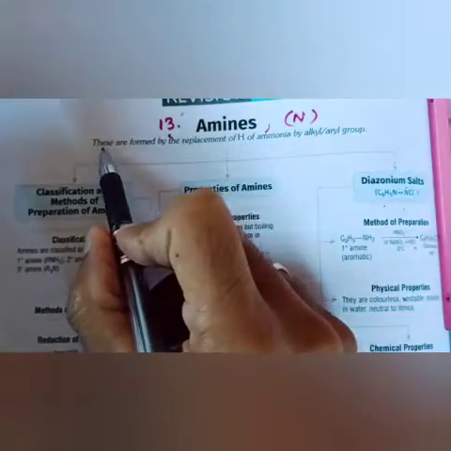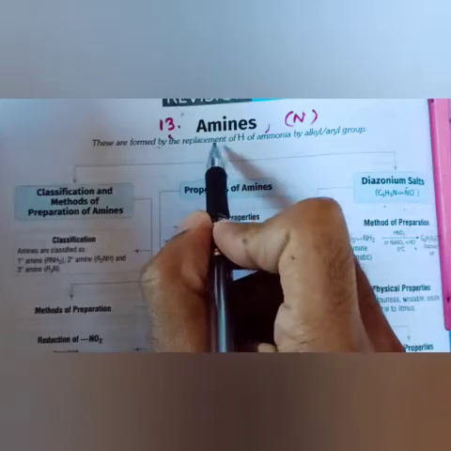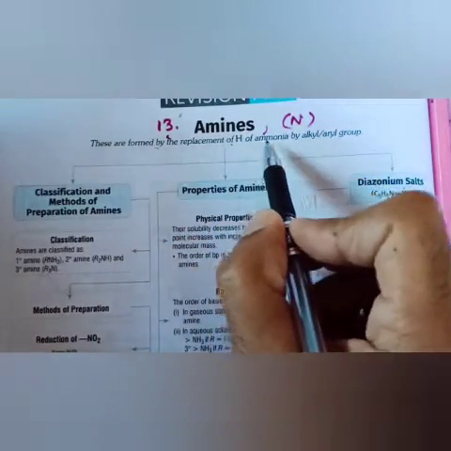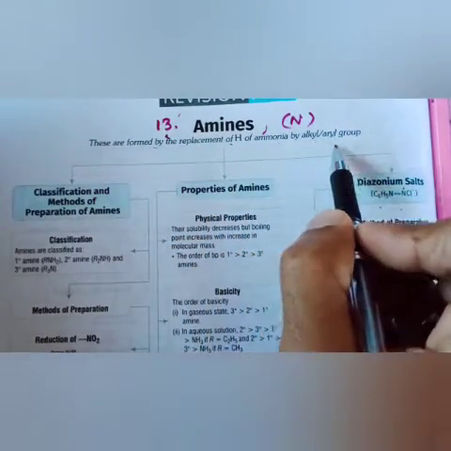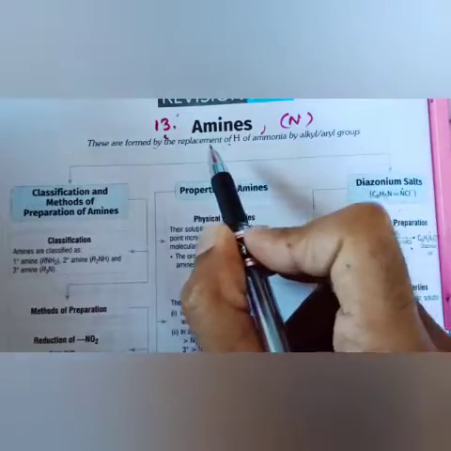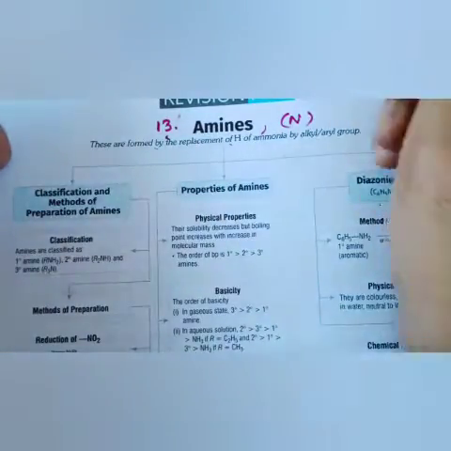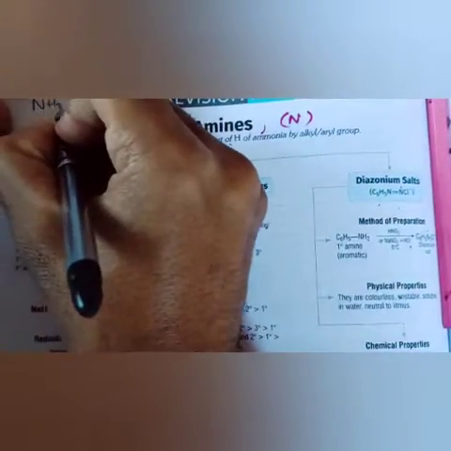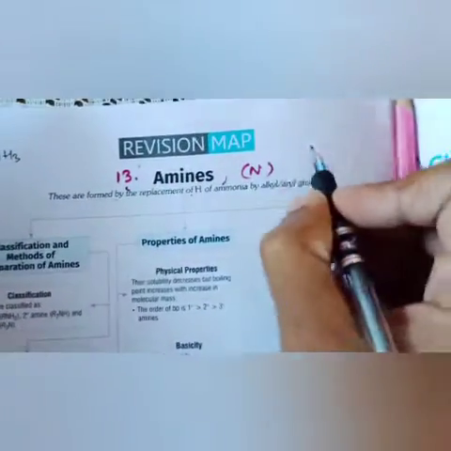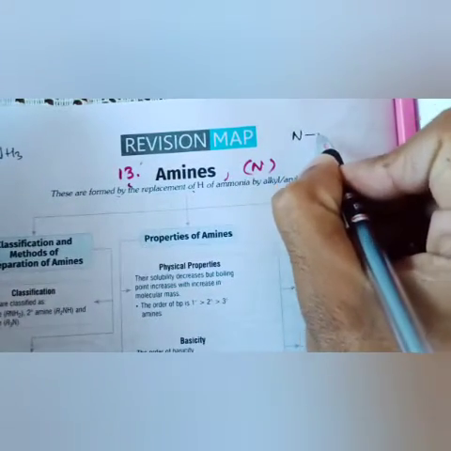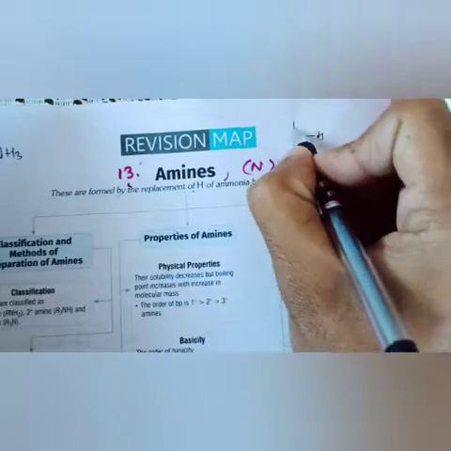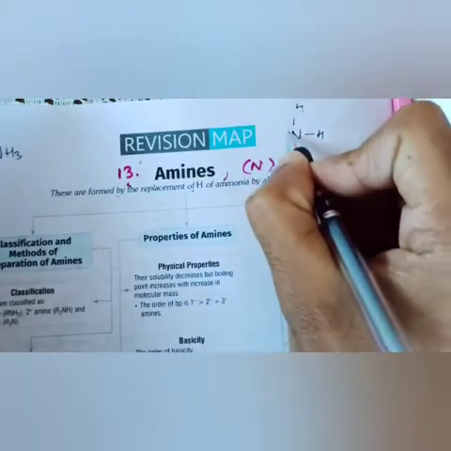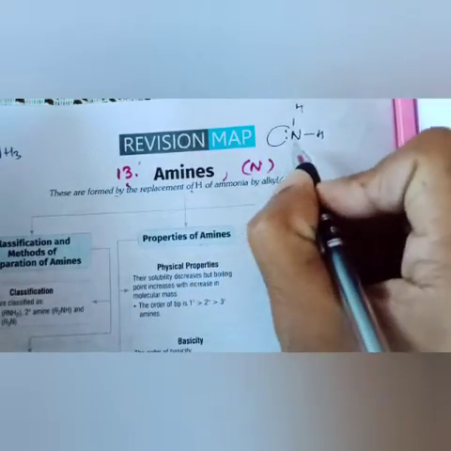Amines are formed by the replacement of one hydrogen of ammonia by an alkyl or aryl group. If we make the structure of ammonia, it is N, H, H, H and a lone pair.